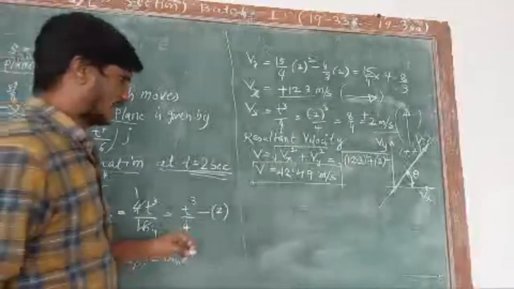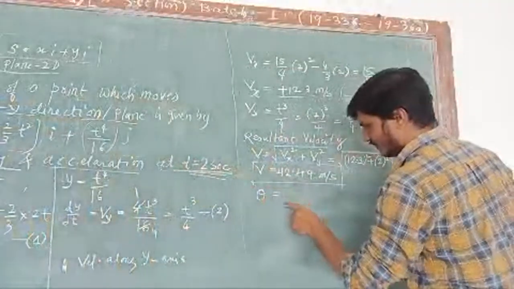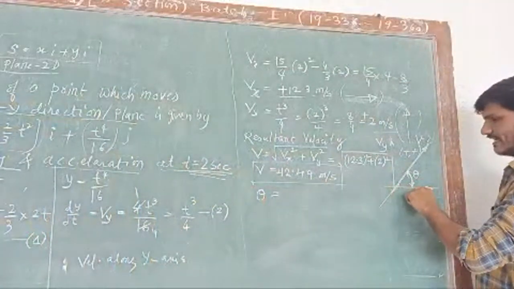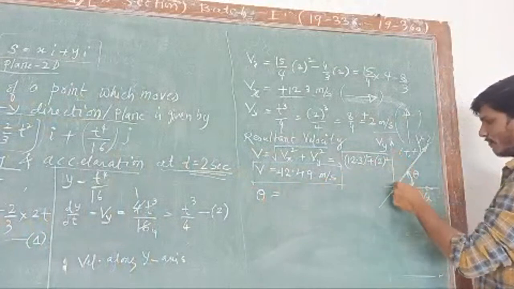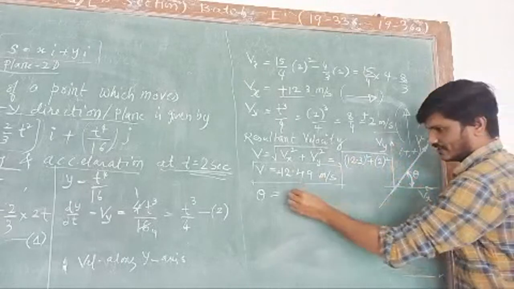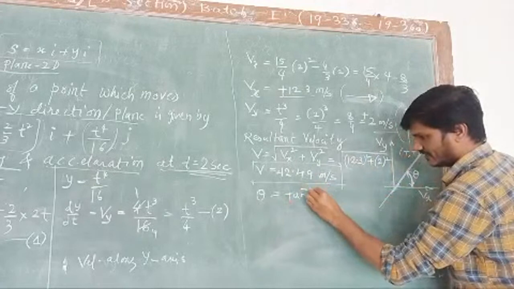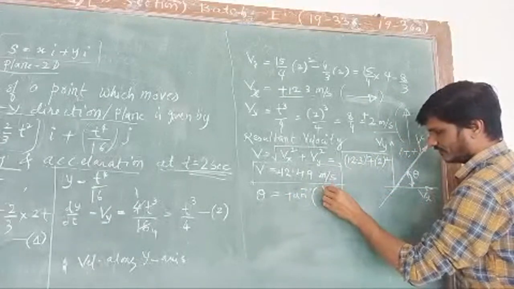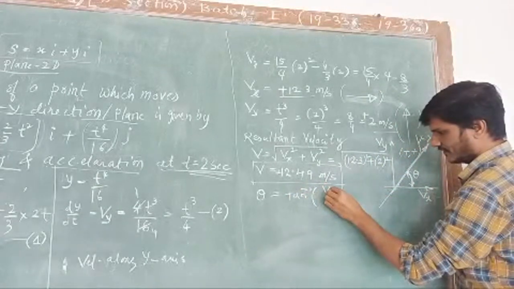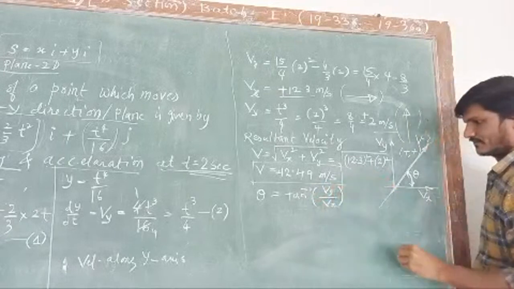Like theta, you need to calculate, where from geometrical knowledge, tan theta is equal to opposite by adjacent. It means Vy by Vx. So if you take it to the right side, theta will be tan inverse of Vy upon Vx.